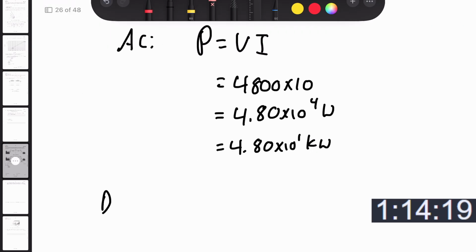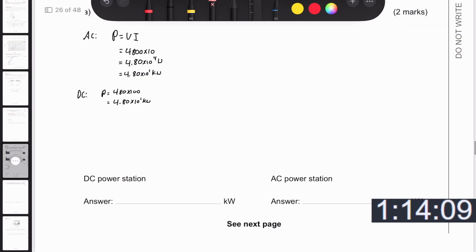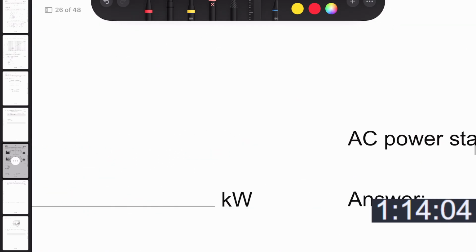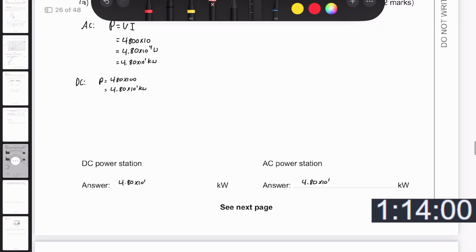And then for DC, just equal to 480 times 100. So 4.80 times 10 to the 1, and then 4.80 times 10 to the 1.